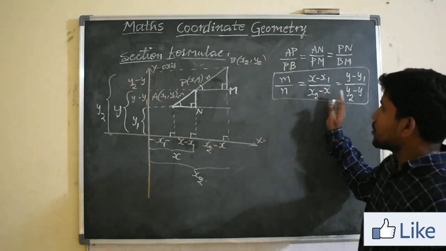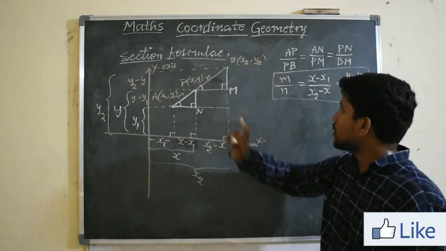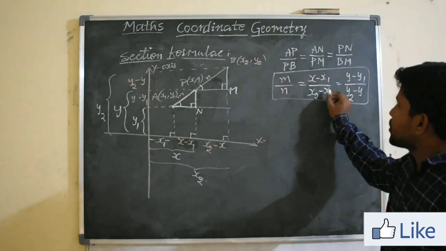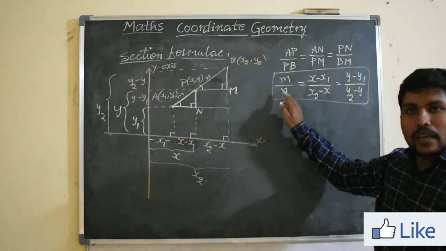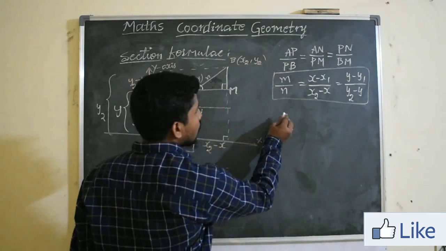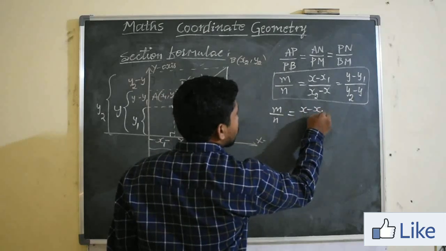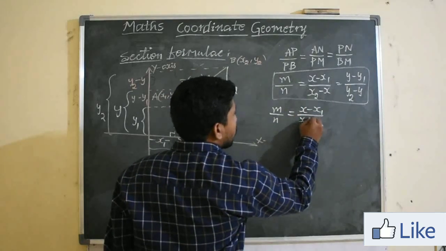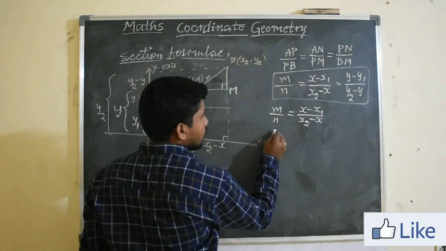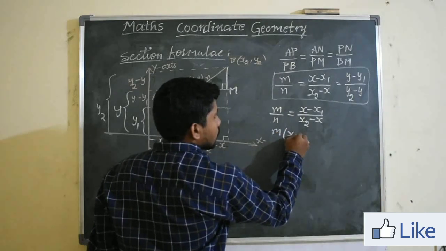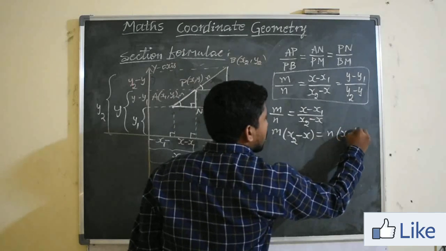Now all three ratios are equal. So we need to find the coordinates of the point P, that is x comma y. So first equate the x coordinates to the ratio m is to n. Now m by n is equal to x minus x1 by x2 minus x. Cross multiply, you will get m into x2 minus x is equal to n into x minus x1.